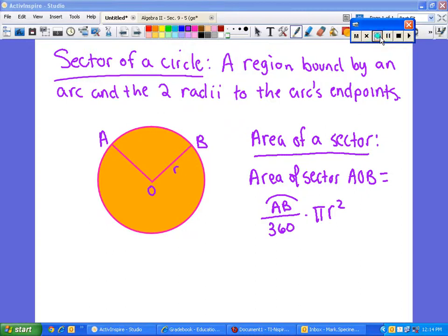Okay, so the first thing we're going to talk about is called a sector of a circle. And a sector of a circle is simply a portion of the circle.